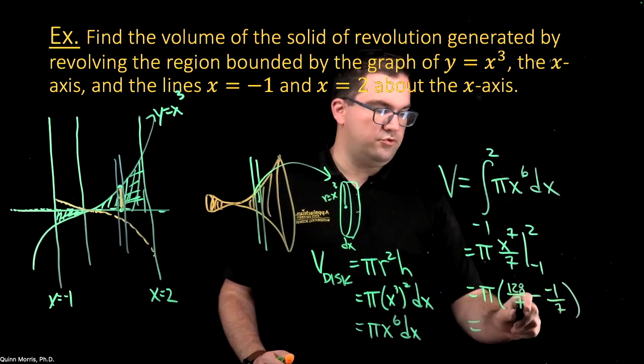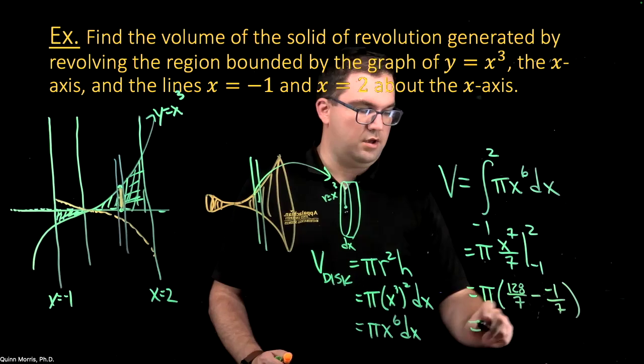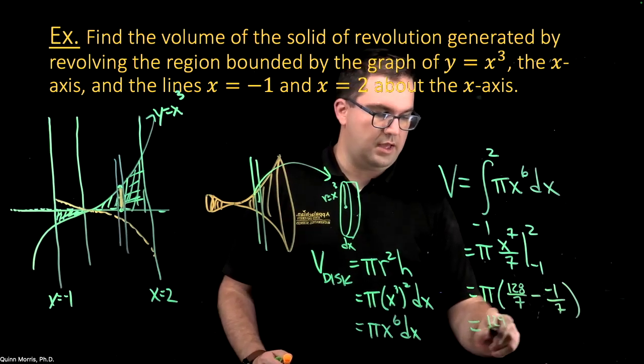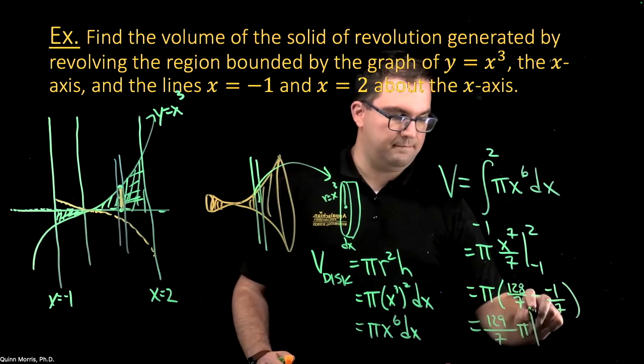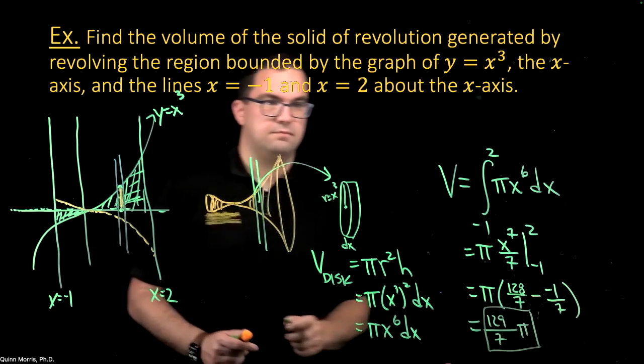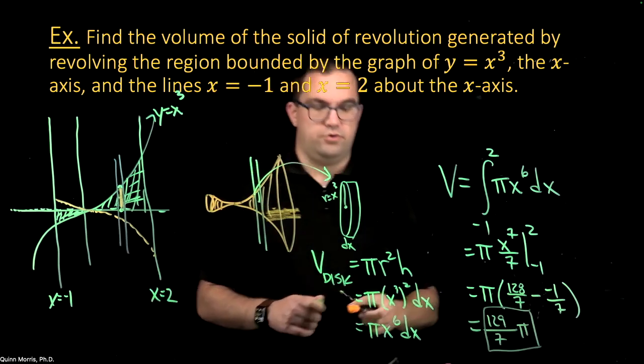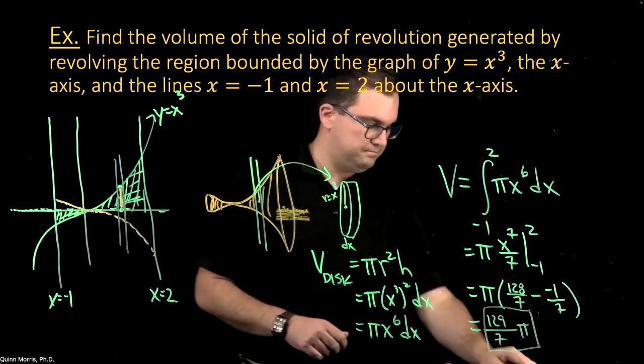And so I end up with 128 plus 1 over 7, or 129 sevenths times pi. And there's the total volume of my solid of revolution.